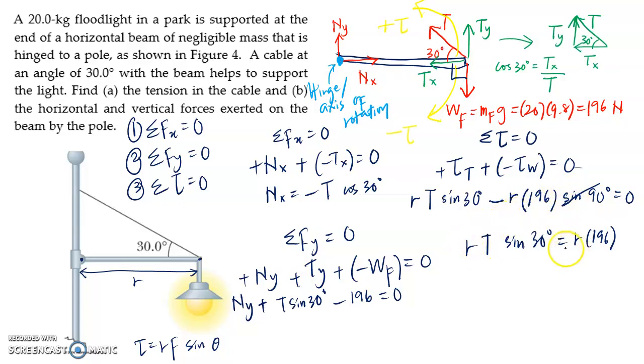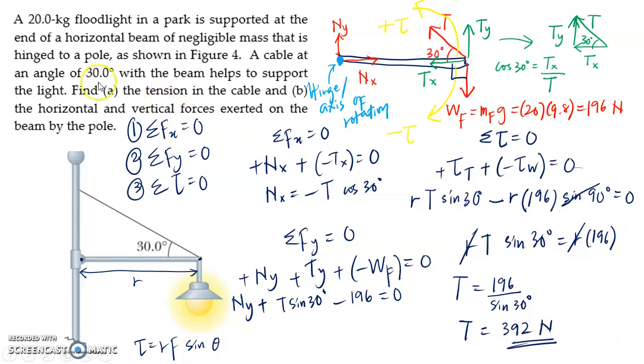So r appears now on both sides of the formula. We can eliminate r, and in the end, to calculate tension, it will be 196 divided by sine 30 degrees. The tension is going to be equal to 392 Newton. So this is the correct final answer.